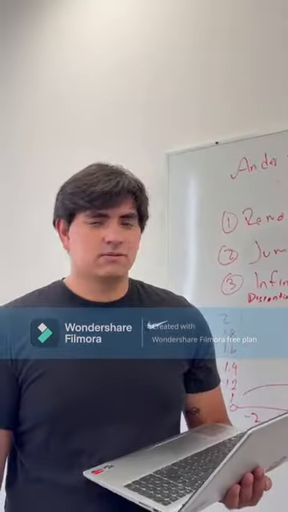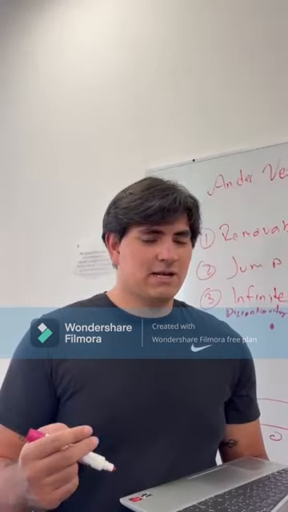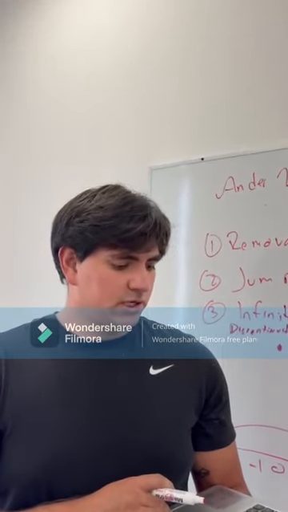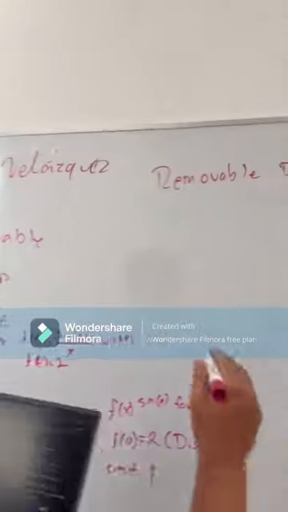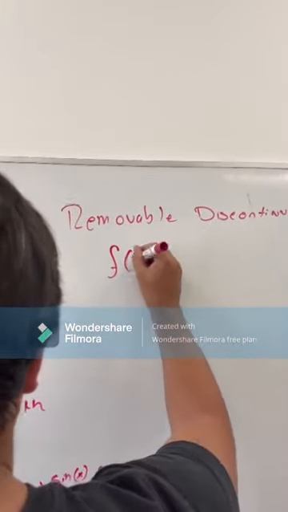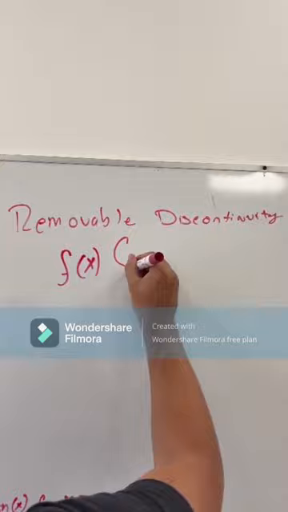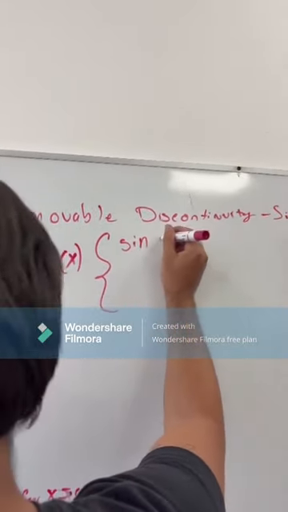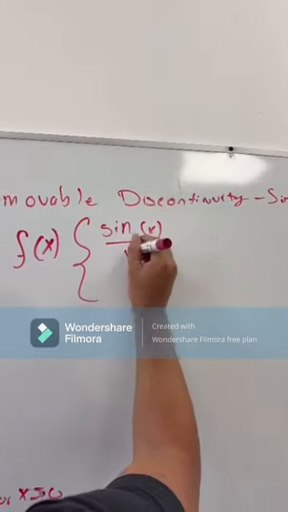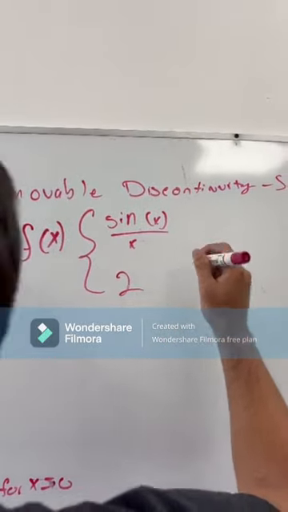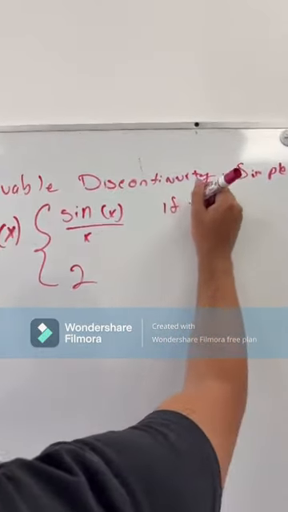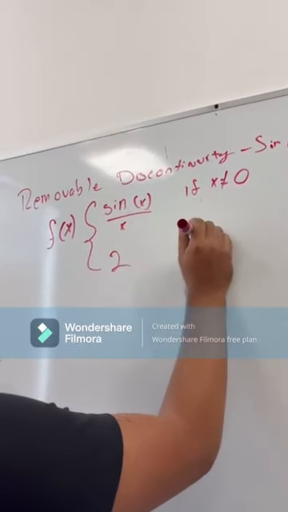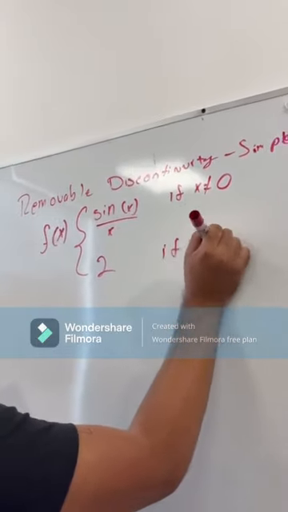Well, hello, I'm here in the elaborate example, and we're going to use this function: f(x) equals sin x divided by x if x is not equal to 0, and 2 if x equals 0, okay?